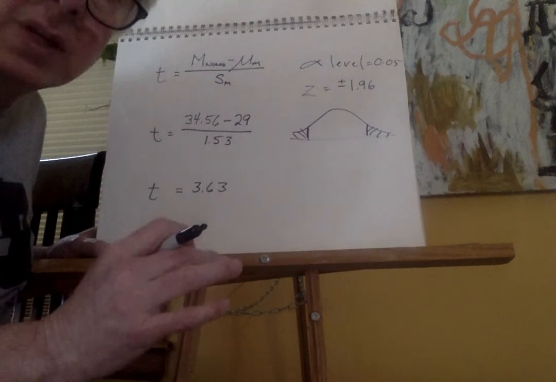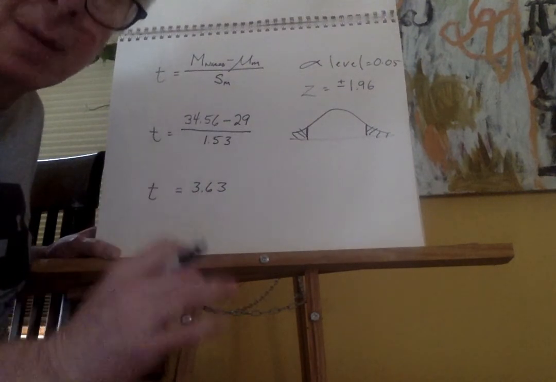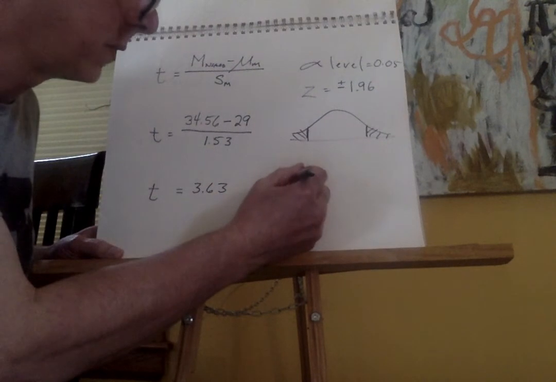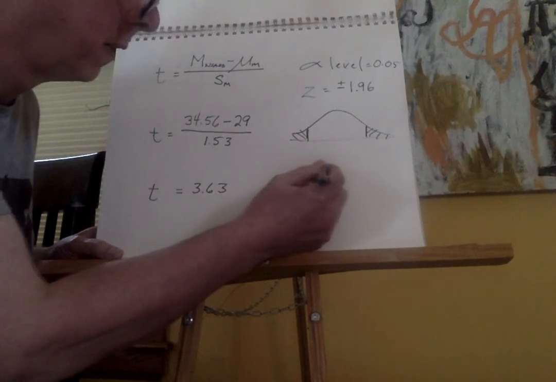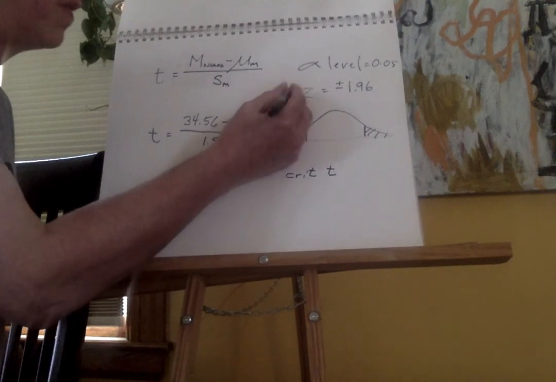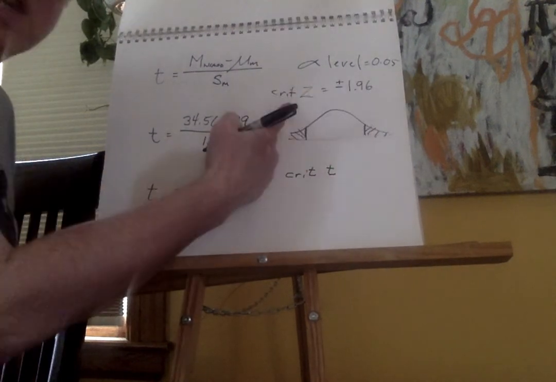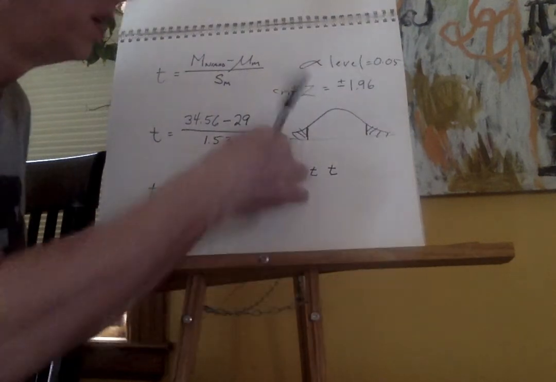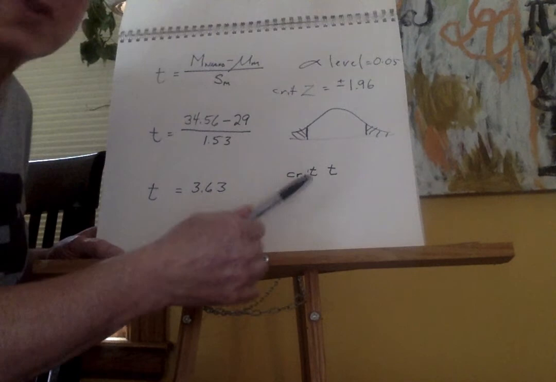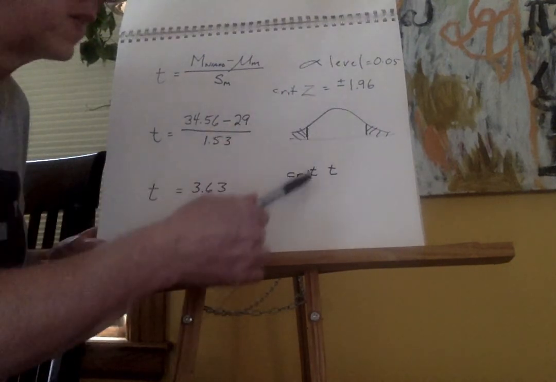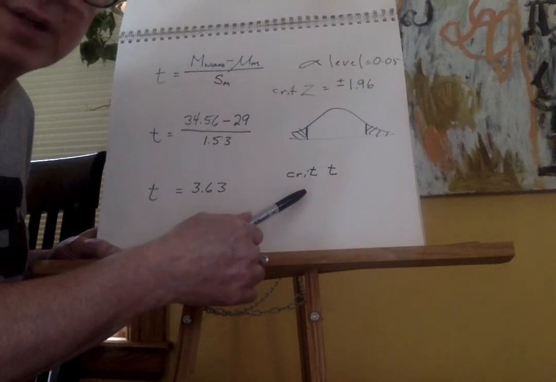We're going to do the same thing with t, except when we look for critical t, is what we're going to call it. This would be the critical z value, but it's normally just not called the critical z. Now we're going to do critical t. Instead of 1.96, this changes a little bit.